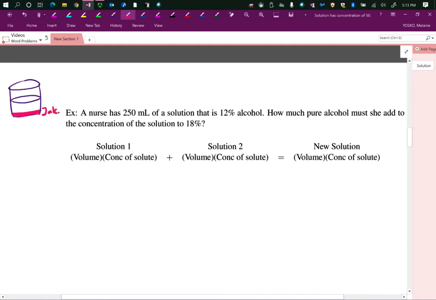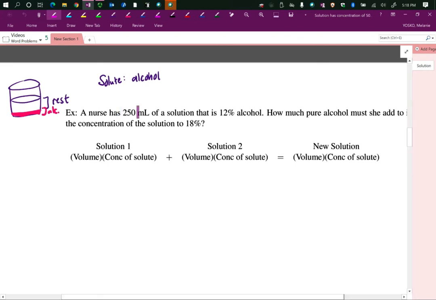So this would be the alcohol, and this would be the rest. The solute in this example is the alcohol. We're probably talking about isopropanol or isopropyl alcohol, not drinking alcohol.